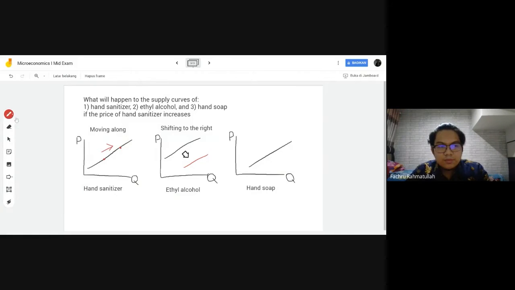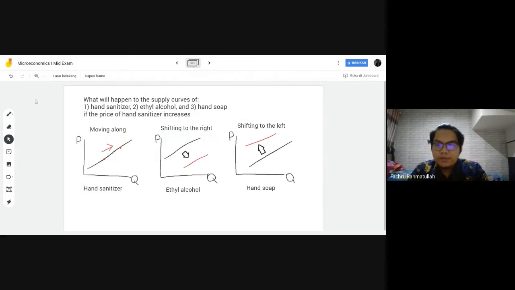So it will be like this, and it's also the same as before. If the quantity is becoming lower, we call it shifting to the left. Okay, I think that's all for number 1.